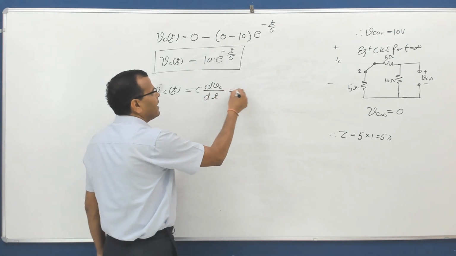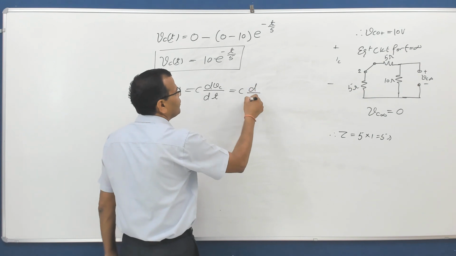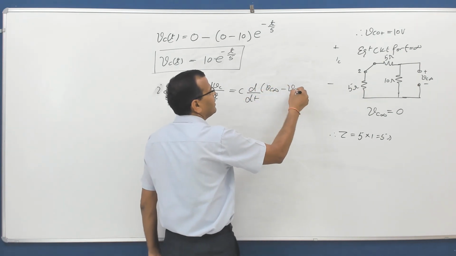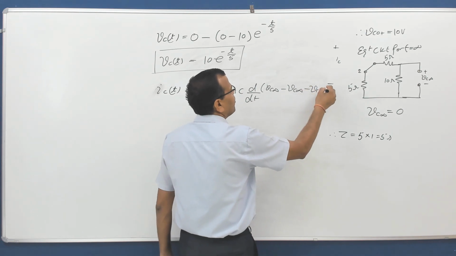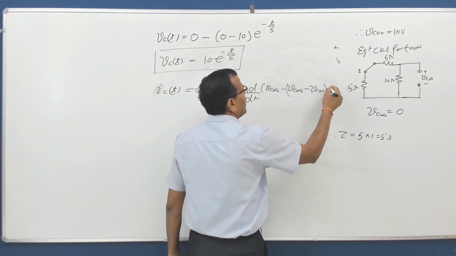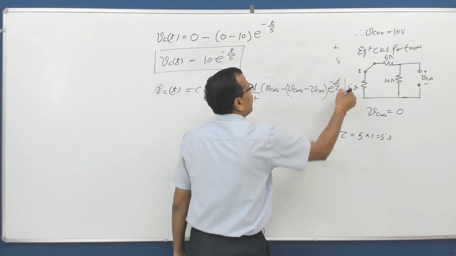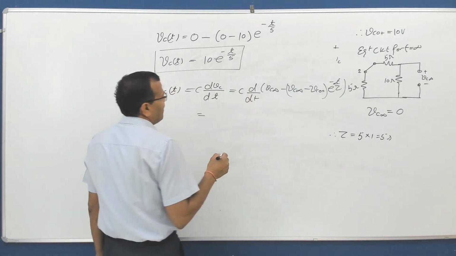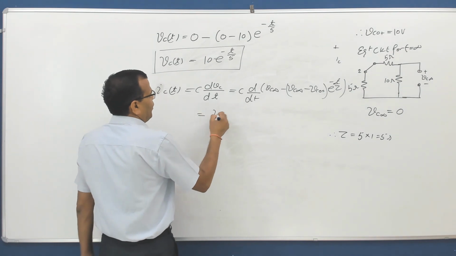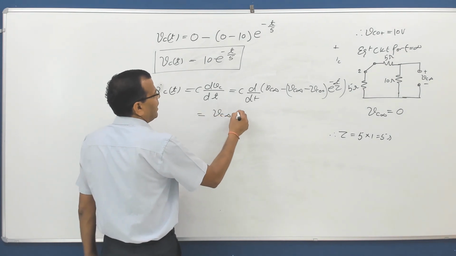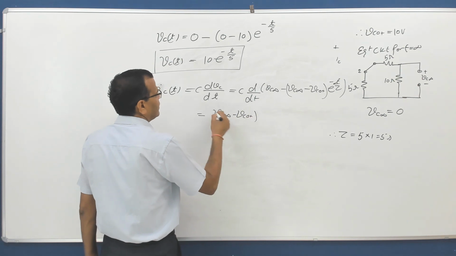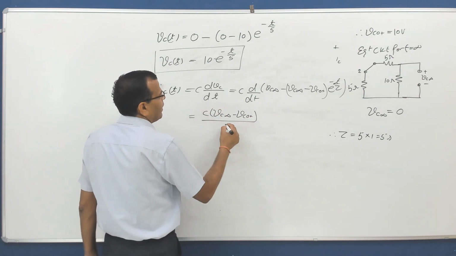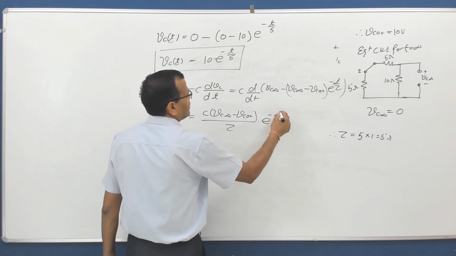So C dVc by dt is nothing but, we know what was Vc, that is Vc infinity minus Vc0 plus e raised to power minus t by tau. If you differentiate it, you will get Vc infinity minus Vc0 plus, C divided by tau, e raised to power minus t by tau.